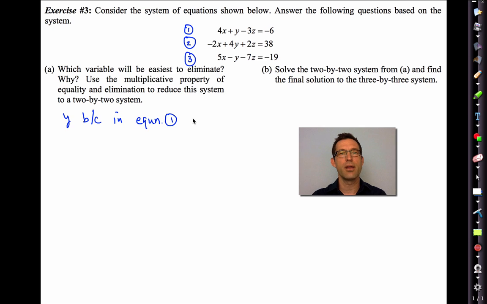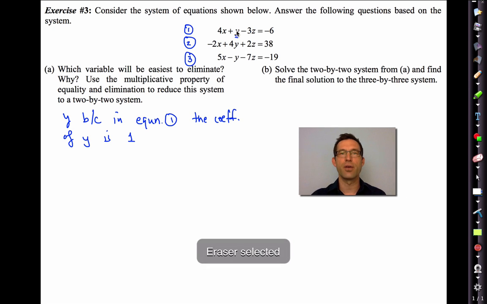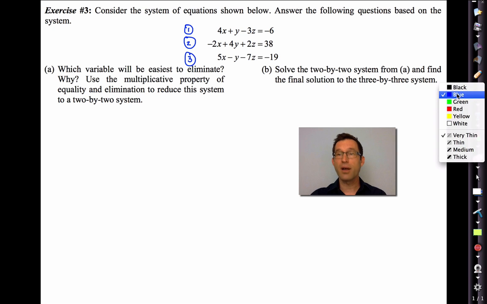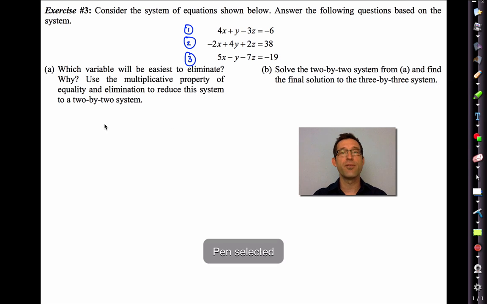In equation 1, the coefficient of y is 1, and that's going to be easy to manipulate, right? The fact that this thing's got a coefficient equal to 1 makes it very, very easy to manipulate. But I'm going to actually erase this so that we have some room to do our work, all right? So if possible, try to find the variable whose coefficient is 1.